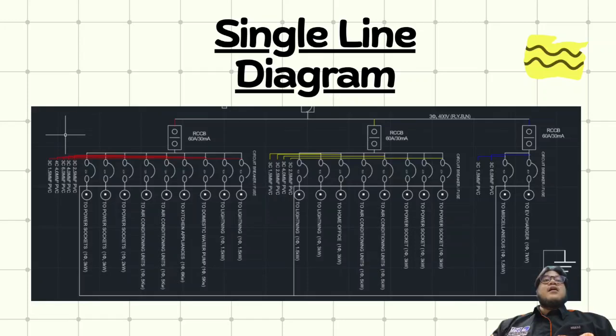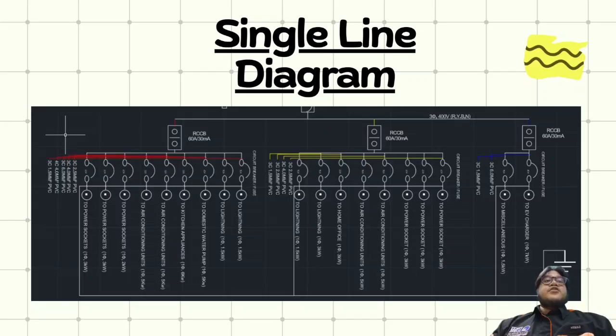For instance, lighting networks are wired with 1.5 mm cables and 10 amp miniature circuit breakers, while general purpose power sockets use thick 2.5 mm or 4.0 mm wiring paired with 20 amp or 32 amp breakers to accommodate appliances with higher current draw.